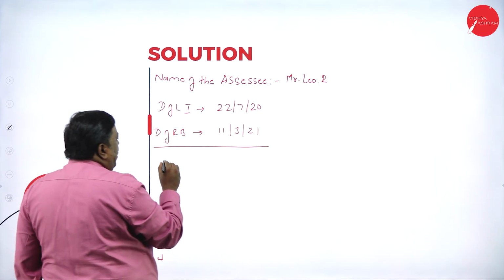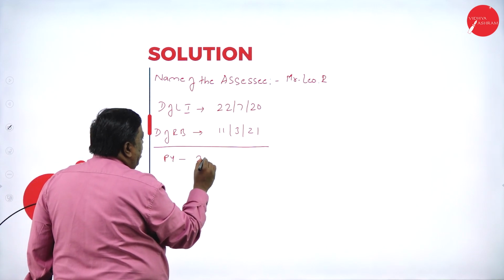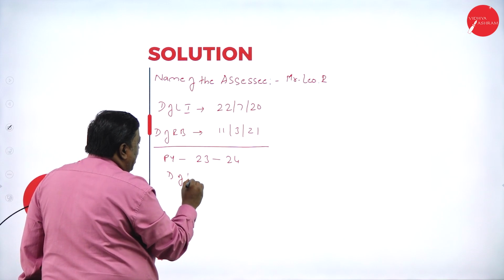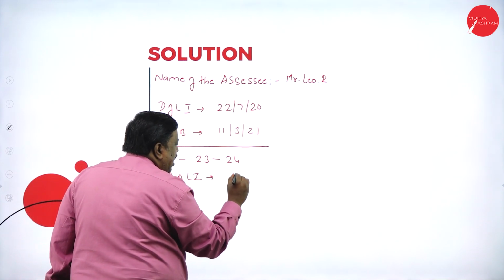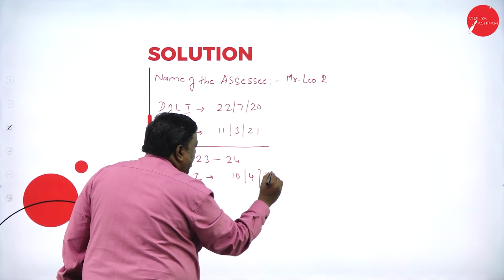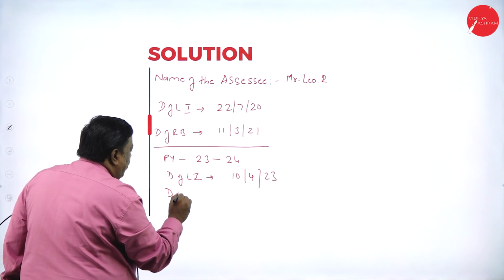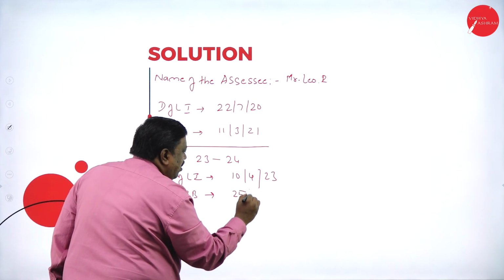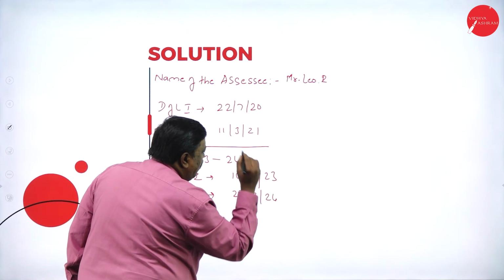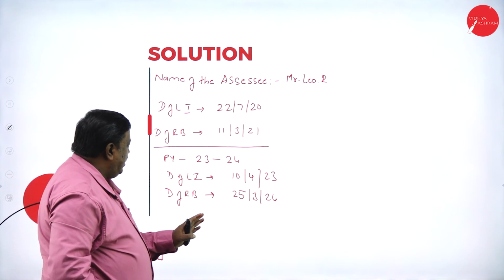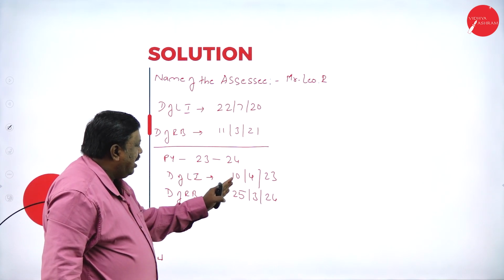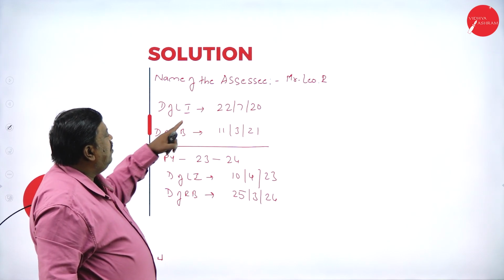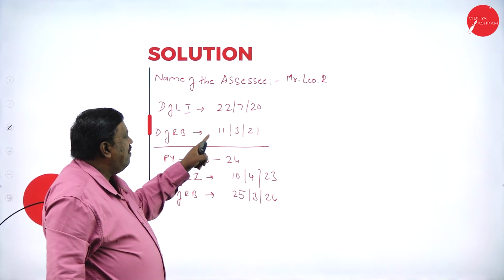Again, during previous year 2023-24, date of leaving India, 10th April 2023, date of returning back, 25th February 2024. So during the previous year, I left India on 10th April and I returned back on 25th February. Before that, the first time I left India on 22nd July and I returned back on 11th March.